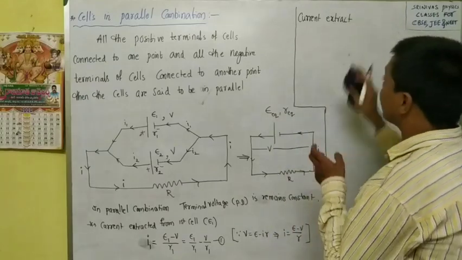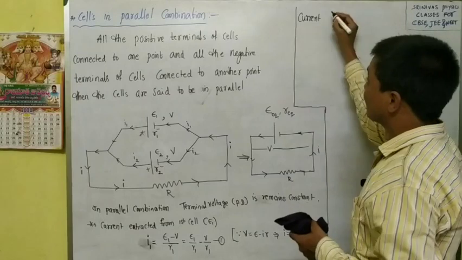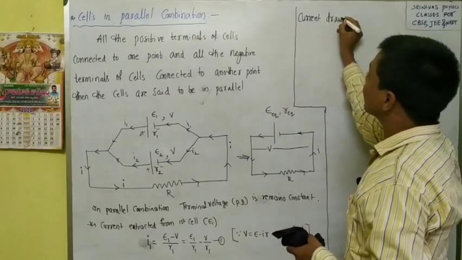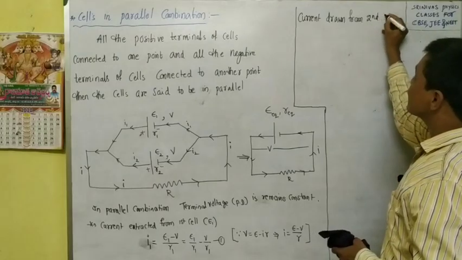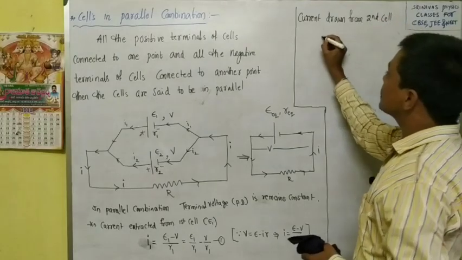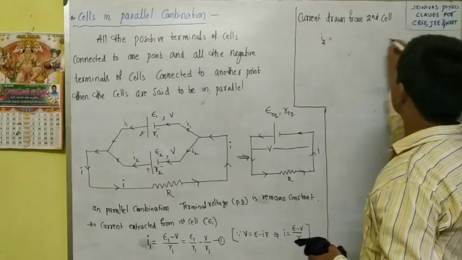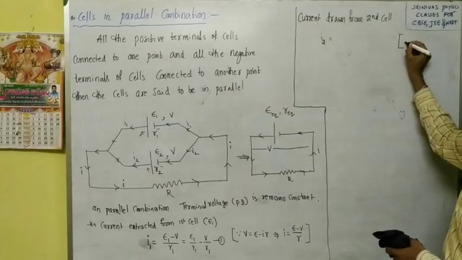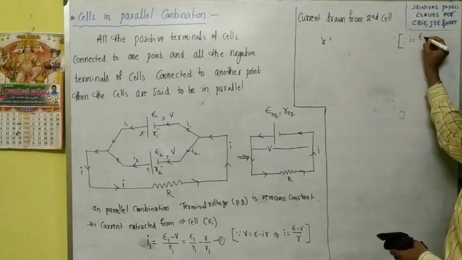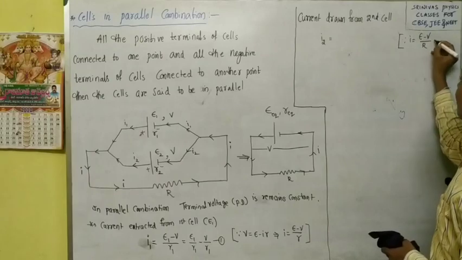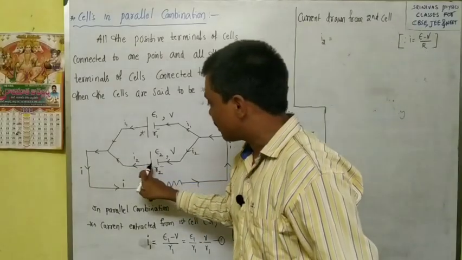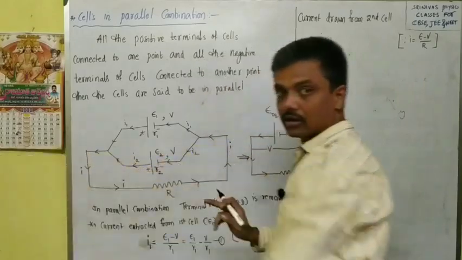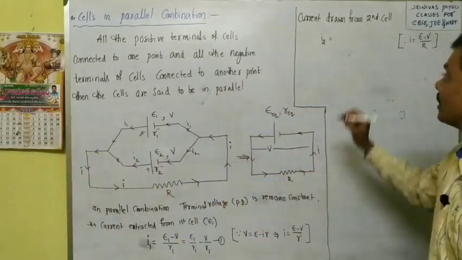Current drawn from the second cell, what is that? That is I2. Current formula, what did you get? I is equal to E minus V by R. The current drawn, taken out from the second cell, is I2.